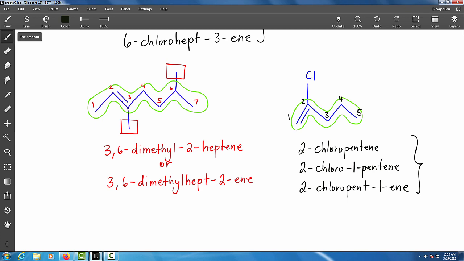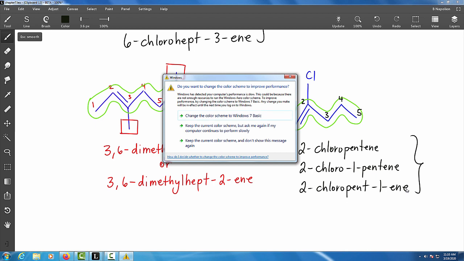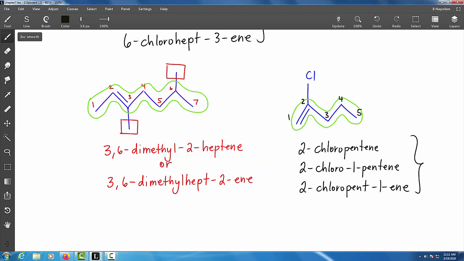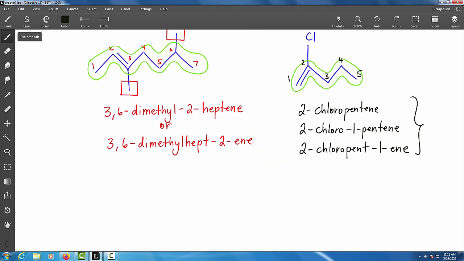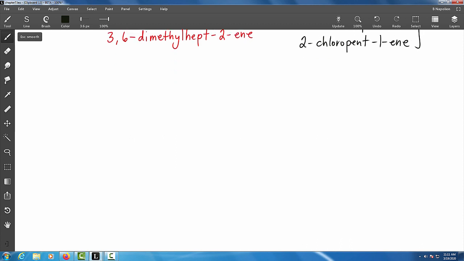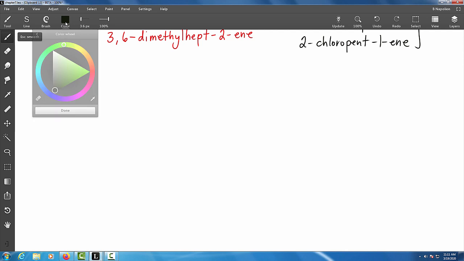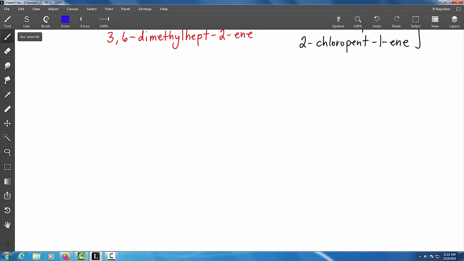All right. Now, if we do another molecule that's a little bit more complicated, it may not be apparent exactly what we have.